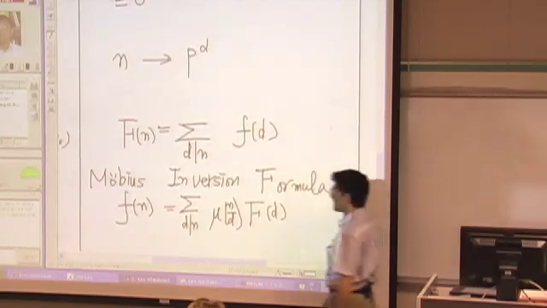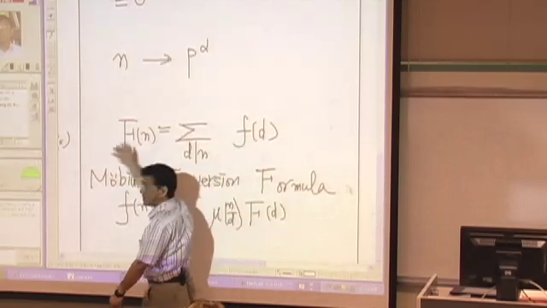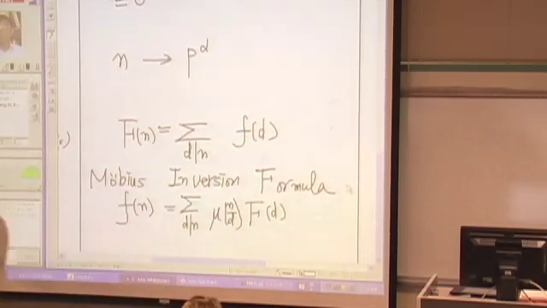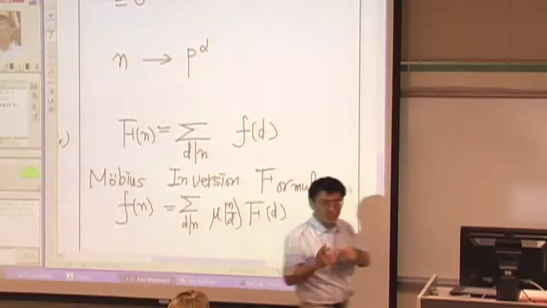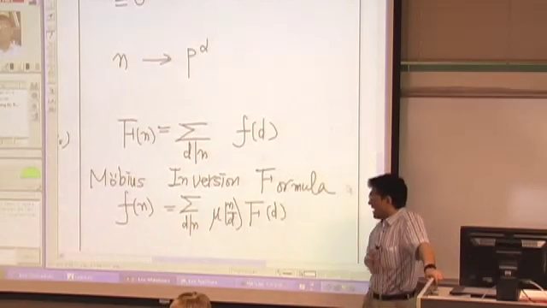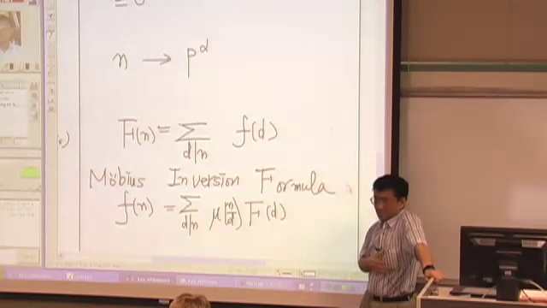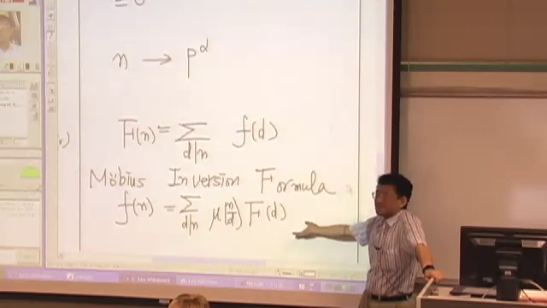So we can get the sum from the summand, and the reverse is possible. If the sum is given, we can get the summand. And I will prove this thing. So as you can see, in the past, we proved something that sounds very obvious. But about this point, it is not that obvious, right?